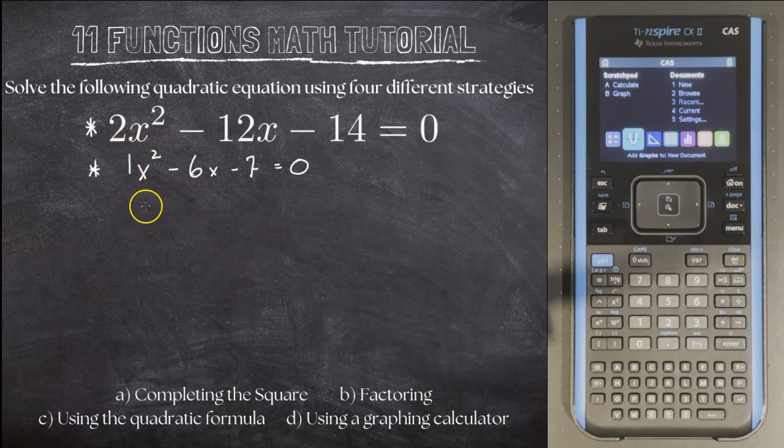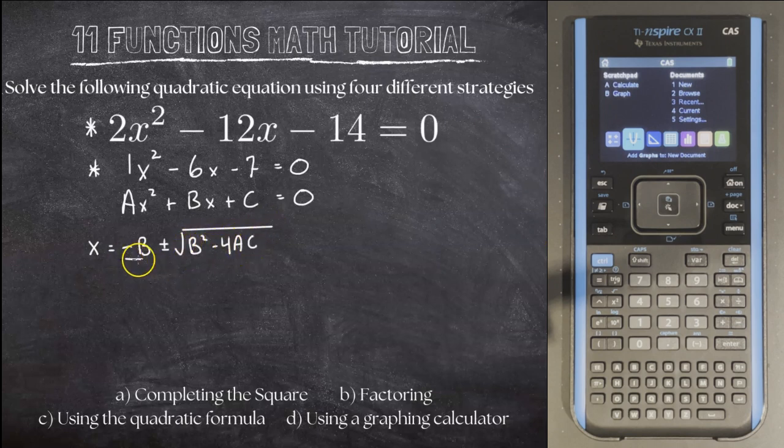So our quadratic formula, if this is our a coefficient, plus that would be our b coefficient, and that's our c coefficient, our quadratic formula is x equals minus b plus or minus the square root of b squared minus 4ac, all over 2a.